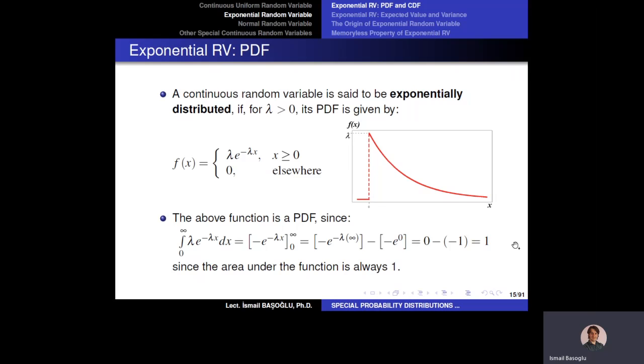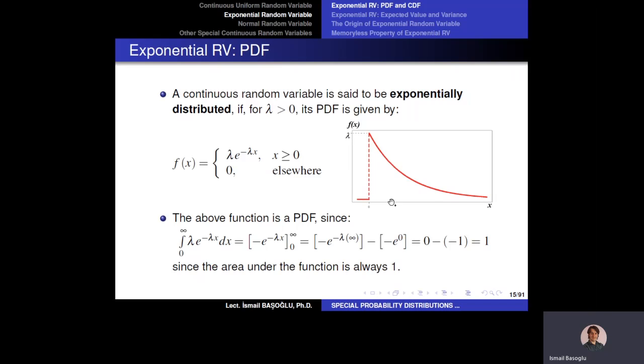So another important and interesting fact about this probability density function is this. As you can see, the PDF corresponds to a lambda value at 0, and it decreases to 0 as x goes to infinity. So let's just say it decreases to lambda over 2. So the function is halved, and as you can see, at this point it becomes lambda over 2. So let's just call this distance x here.